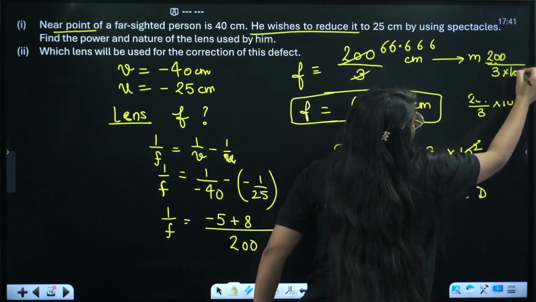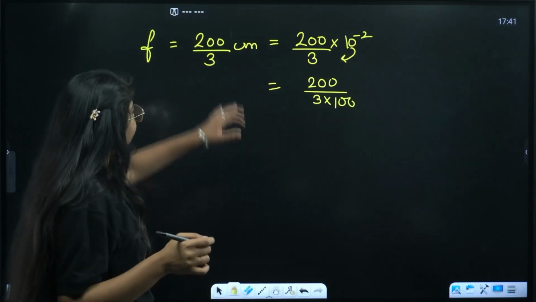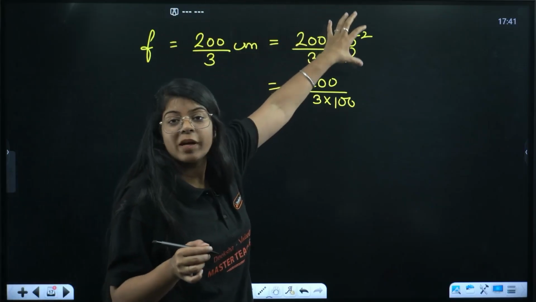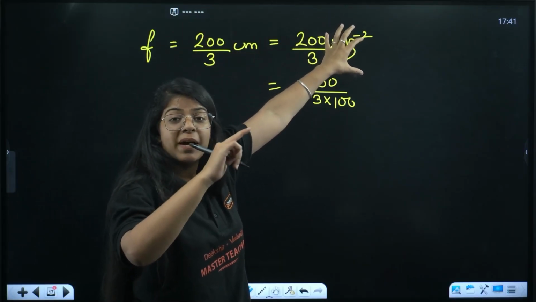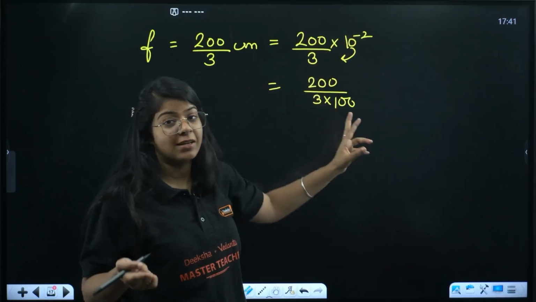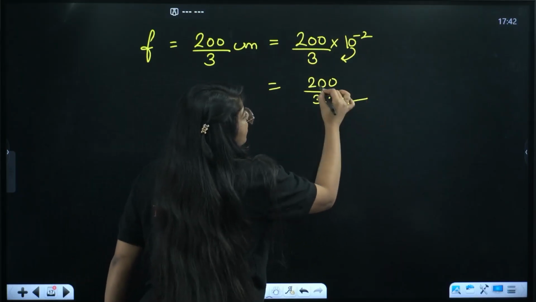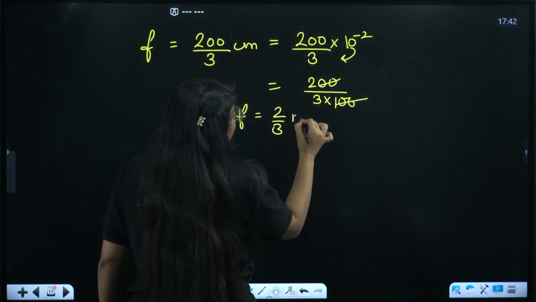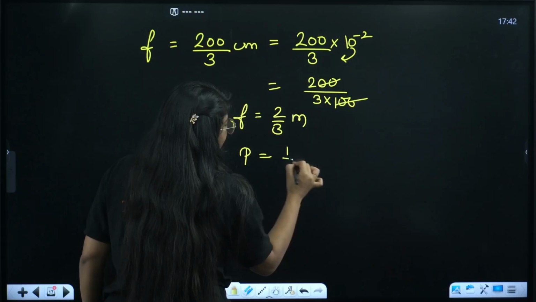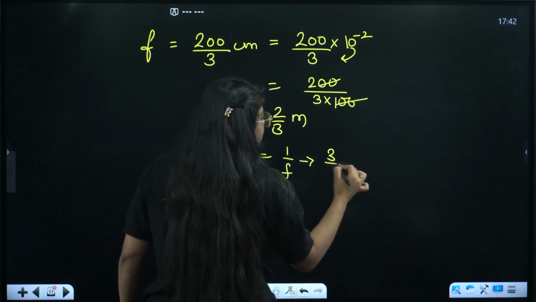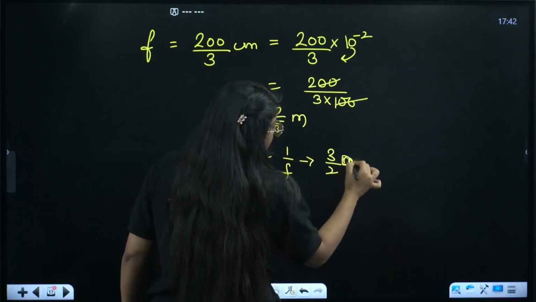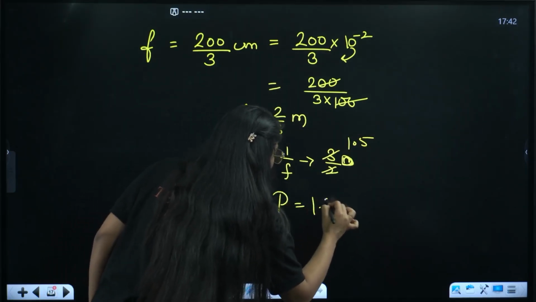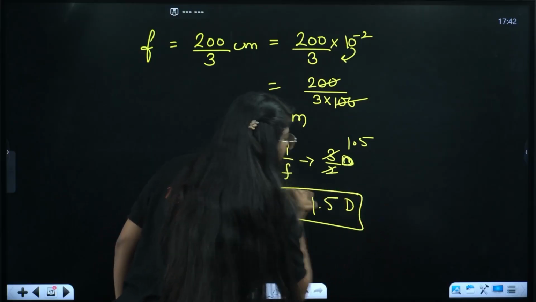I'm telling you how. Just look at it. 200 by 3 is centimeter. We have to multiply it by 10 raised to power minus 2. Now if 10 raised to power minus 2 comes into denominator, that becomes 10 raised to power 2. So this 2 zeros and this cancels out. So focal length is 2 by 3 but in meters, and for power we have 1 by f. So that will be now 3 by 2 diopters, right? So if you cut it, that will be 1.5. So power is simply 1.5 diopters.